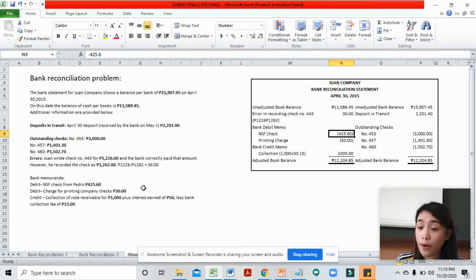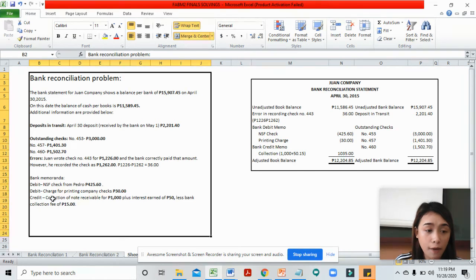And for the credit memo, so that is for your debit, okay? We have here the debit, the NSF check and the printing charge. We have the amount given here as well. For the given credit, we have the collection of note receivable for 1,000 pesos plus interest earned of 50 less bank collection fee of 15.